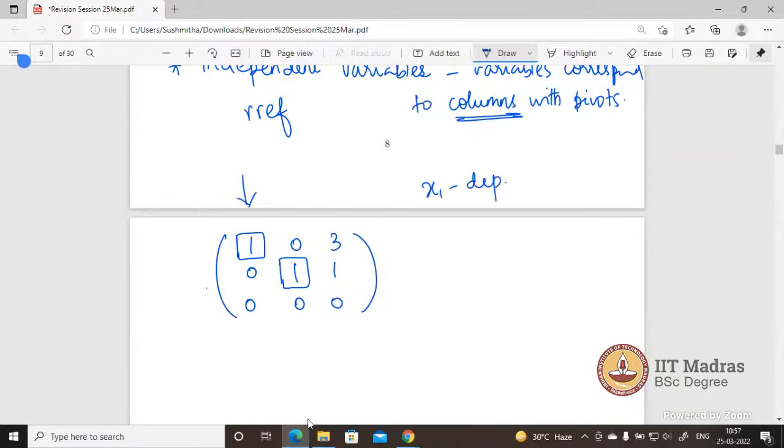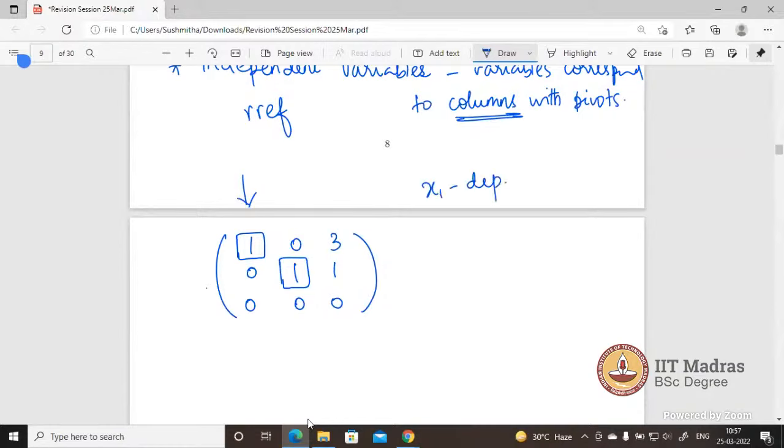I'm trying to refer to the variables. My first column tells me information about x1. I'm clear until the last phrase, columns without pivots, with pivots. That's what I was a bit confused about. The pivot should be taking reference to the row. I think that definition, ma'am, needs to be reviewed.